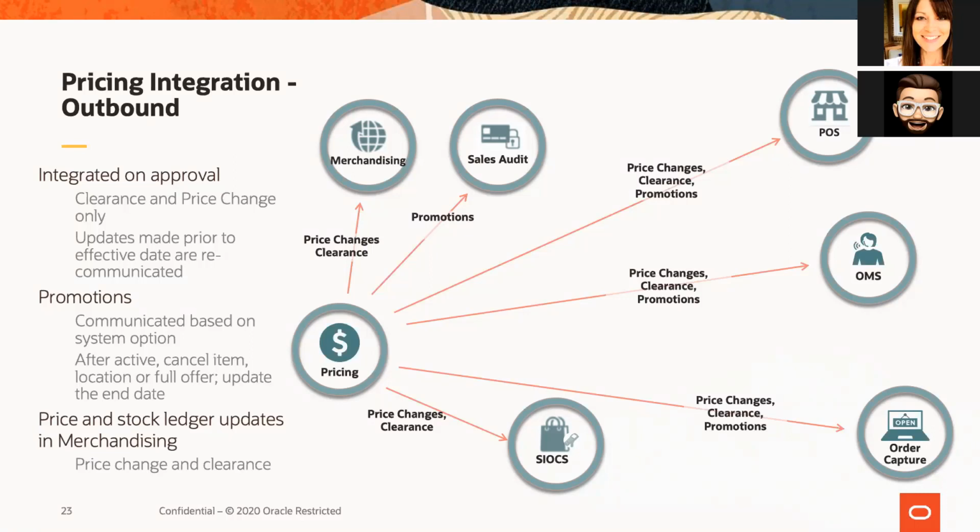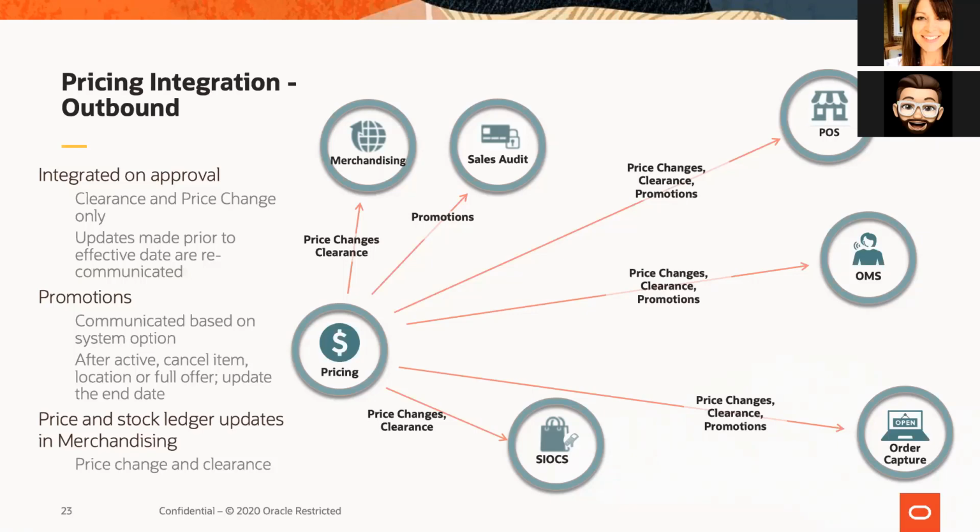And then there's also integration into merchandising to update the stock ledger when the price change or clearance goes into effect. And then promotions are communicated to sales audit for auditing purposes. One thing to note here is that our merchandising does not get notified about the promotions.